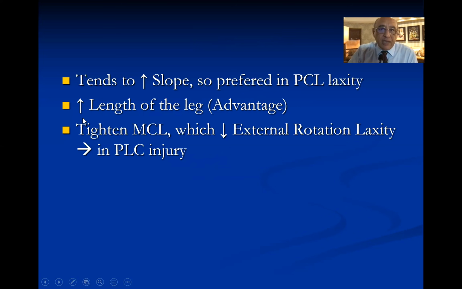You increase the length of the leg, which may be an advantage if the leg is shorter. You tighten the medial collateral ligament, which again may be an advantage because it decreases the external rotation laxity, which helps in posterolateral corner injuries.